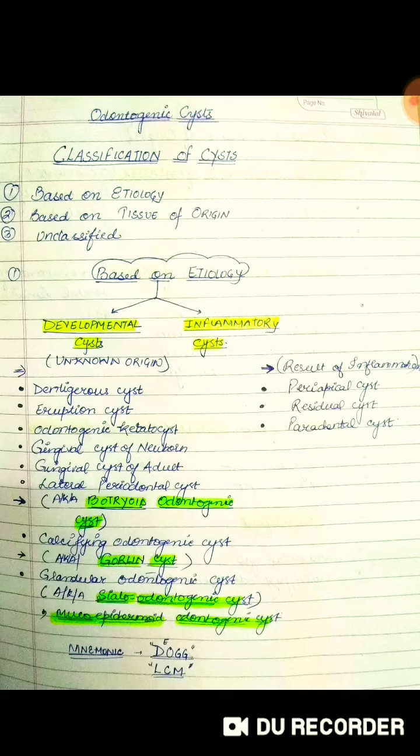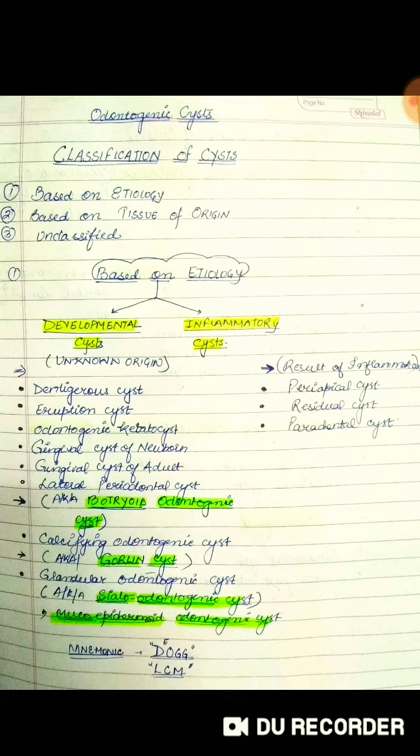The outer part of the cyst enlarges, and the inside of the cyst degenerates, which leads to the formation of the cyst, because of the mediators.